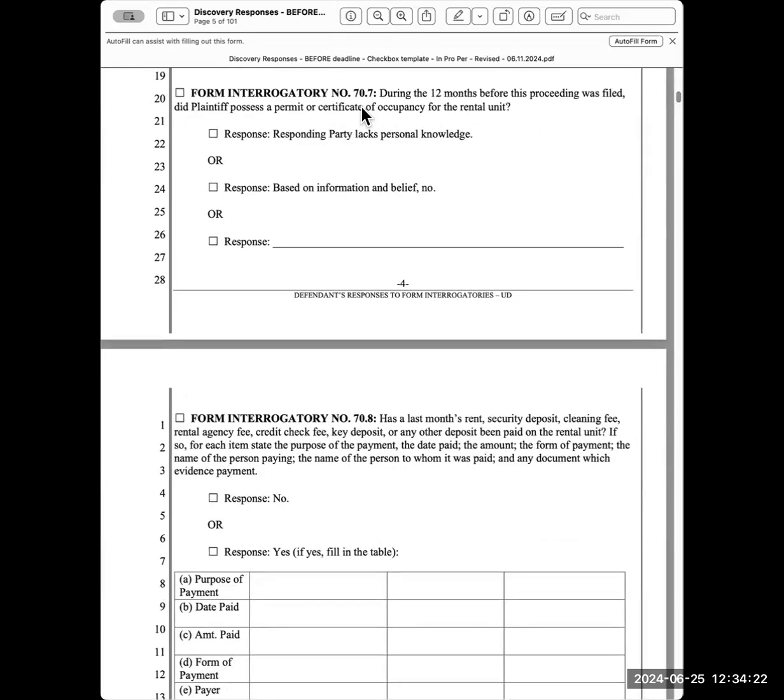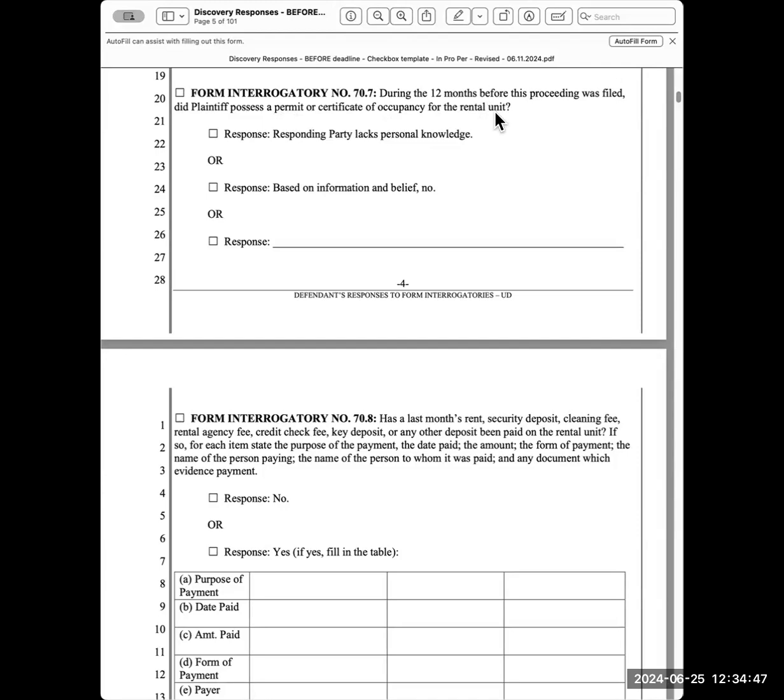70.7. During the 12 months before this proceeding was filed, did plaintiff possess a permit or certificate of occupancy for the rental unit? Now, this seems to be a question for the landlord to answer, but the landlord is required to post the permit and the certificate of occupancy in the common areas of the property.